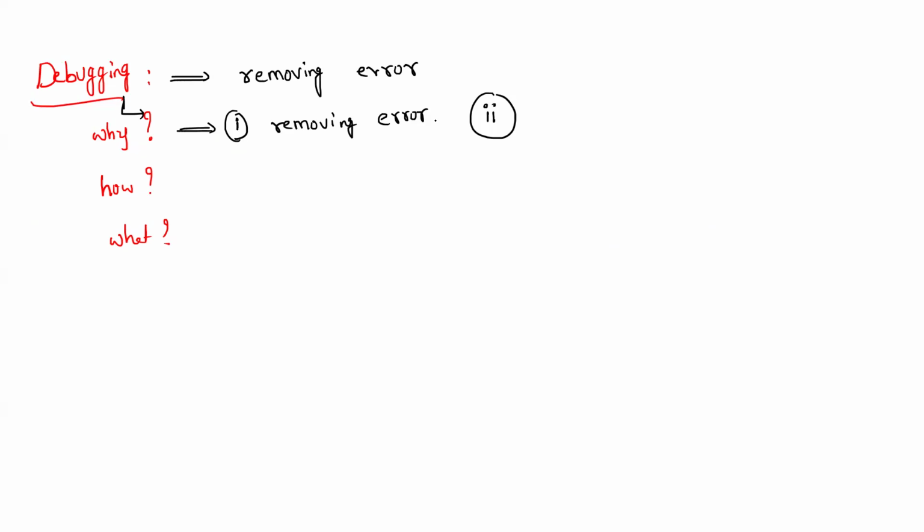That's why, to understand the flow of the program or the flow of the project, we have to debug. It's not only for fixing errors. Any other reason? Only these two reasons, or do we have any other reasons?